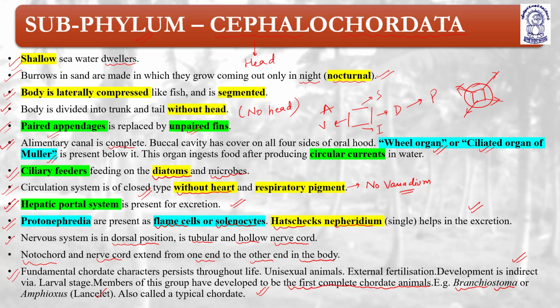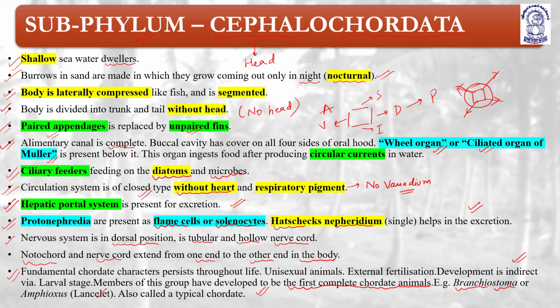What you have to remember from this slide: shallow seawater dwellers, nocturnal, body is laterally compressed, looks like fishes, segmented; head is absent, body is divided into trunk and tail; paired appendages are replaced by unpaired fins.